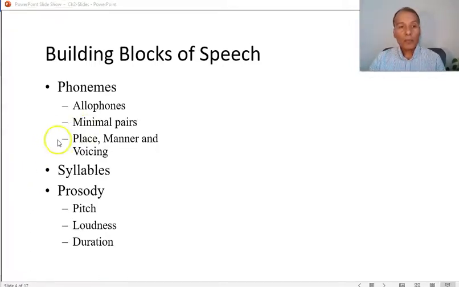Then we have 3 ways of describing each consonant. Each consonant is described based on the place in the mouth where it is produced.